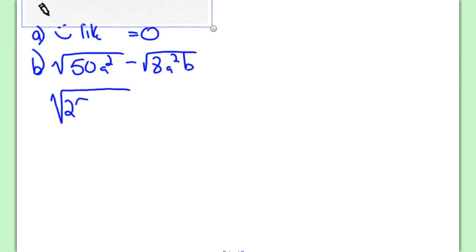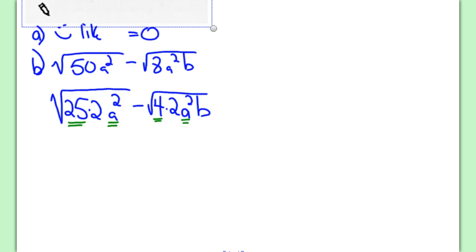This is 25 and a 2. A squared is a perfect square. Then I've got 8. That's 4 times 2, and a squared and a b. So when I simplify the square root, that's a perfect square, that's a perfect square, that's a perfect square.